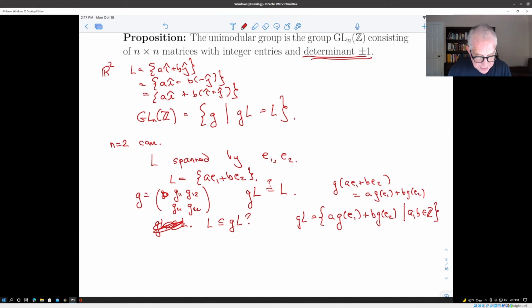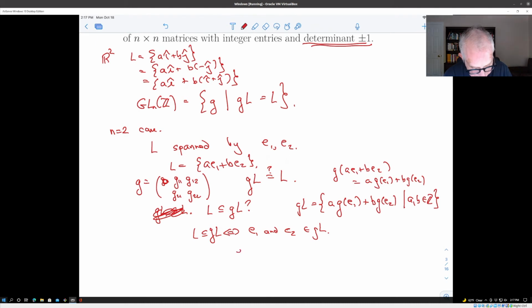And L is going to belong to GL if and only if E1 and E2 are in GL. Because if E1 and E2 are in GL, then all integer combinations of them will be, because GL is a subgroup. So 2E1, 3E1, 3E1 plus 5E2, they will all be in GL.